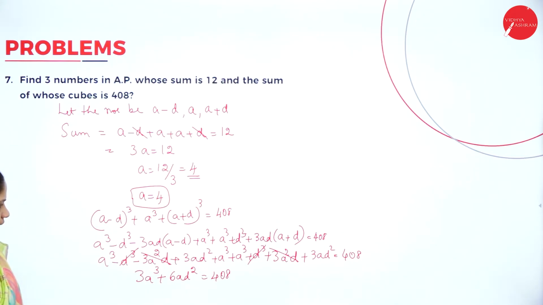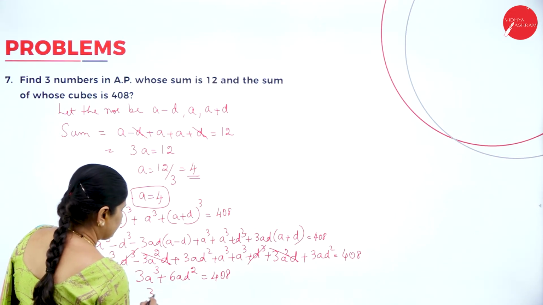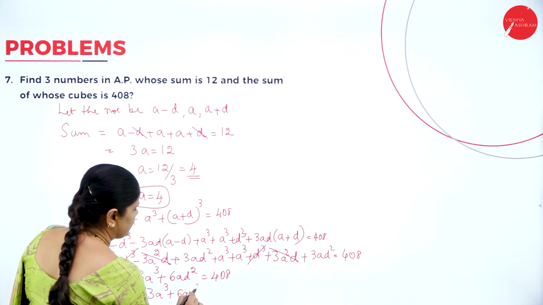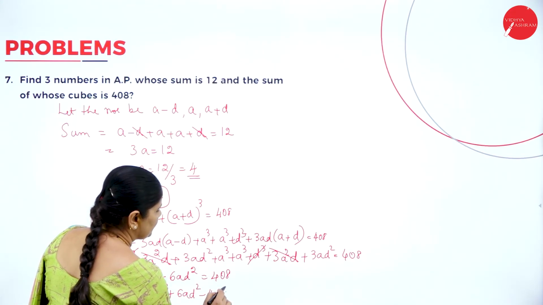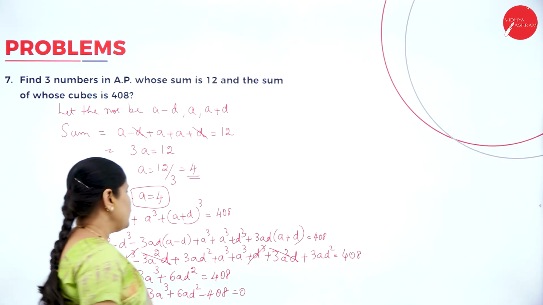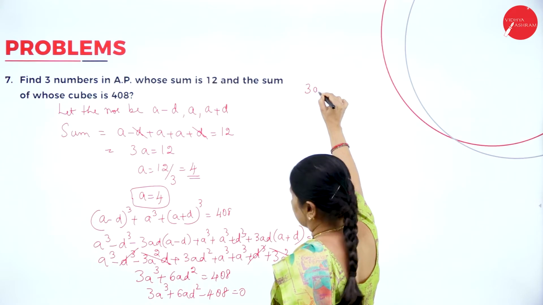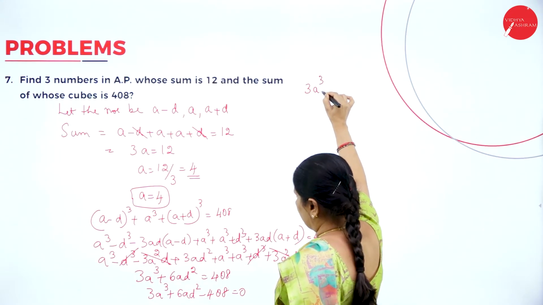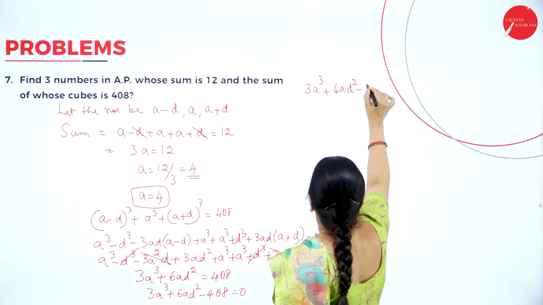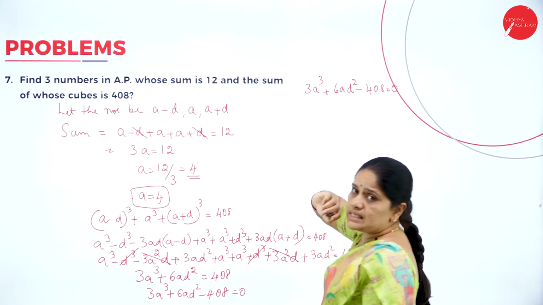Now, we have to see if this is divisible by 3. So first we write the equation 3a cube plus 6ad square minus 408 equals 0.